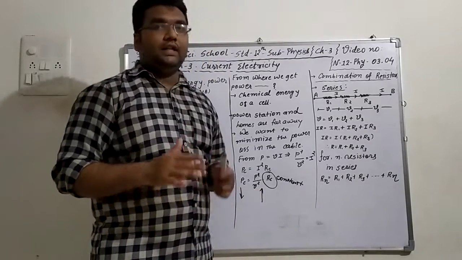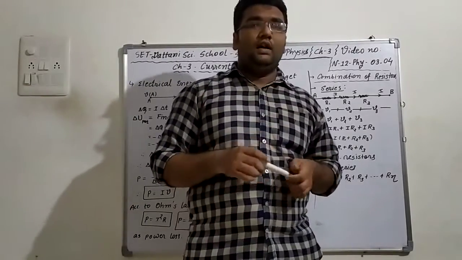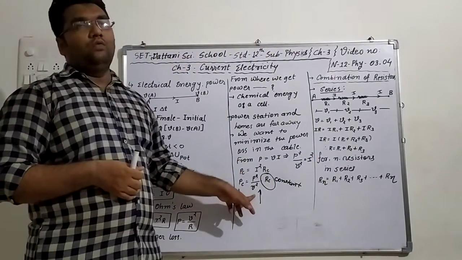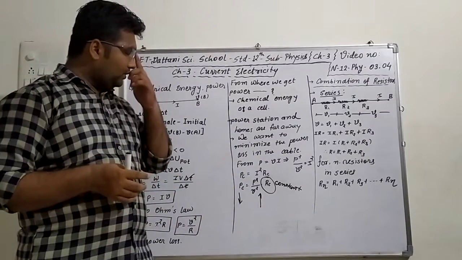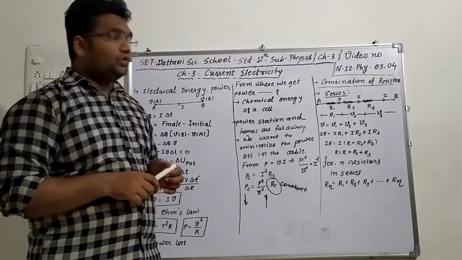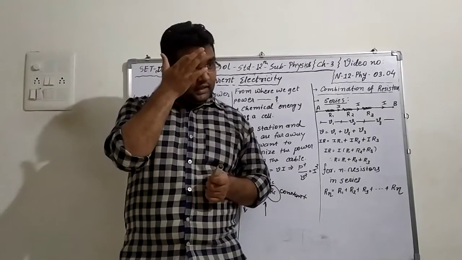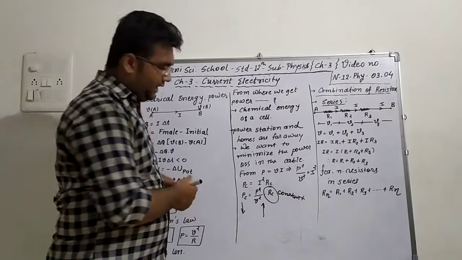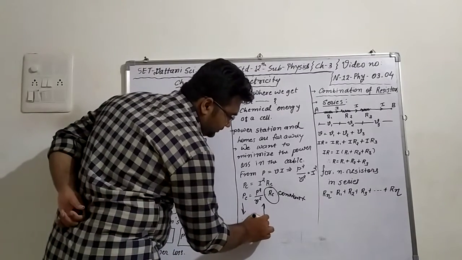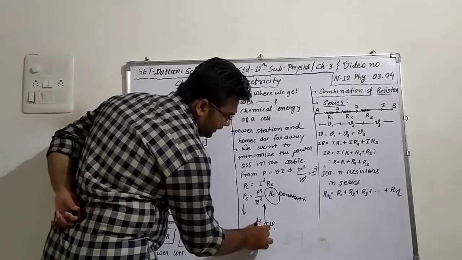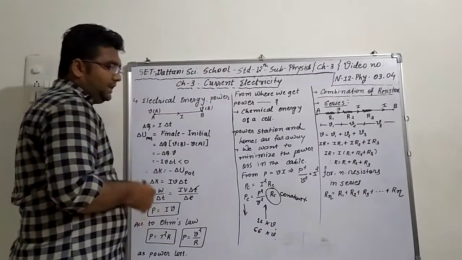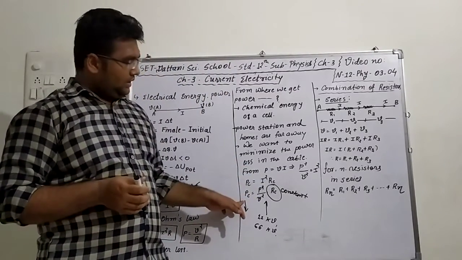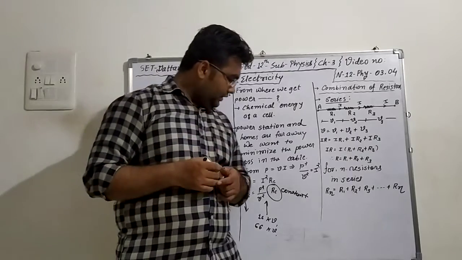So to minimize the power loss of a transmission cable, we have to increase the voltage difference between two ends of a transmission line. That is why you will see that transmission cables have very high voltage, such as 11 kV or 66 kV. All these voltages are very high so that we can minimize the power loss of that transmission cable.